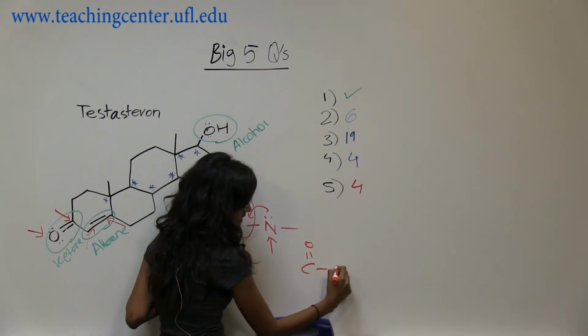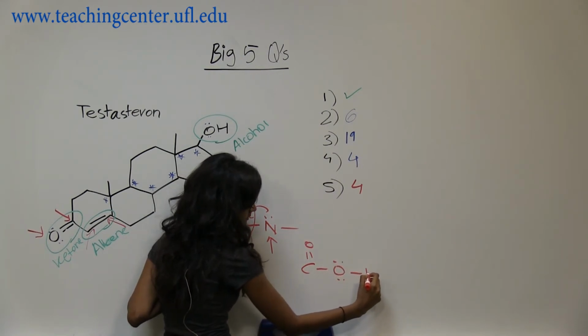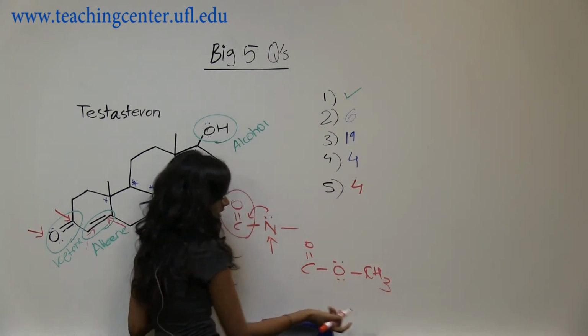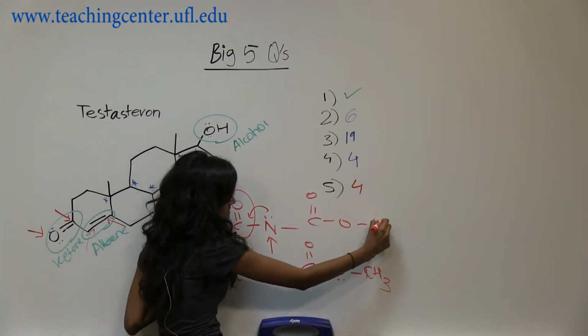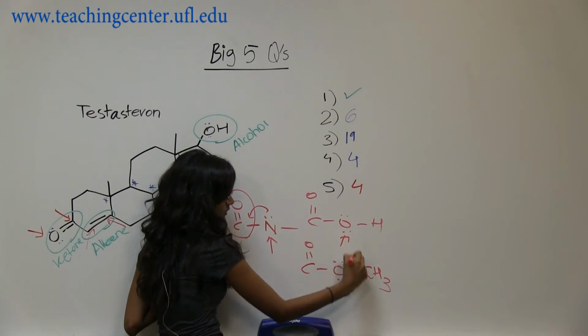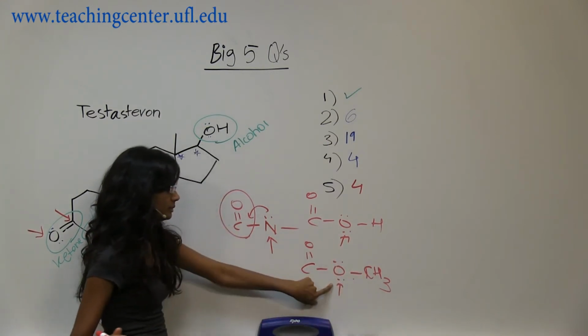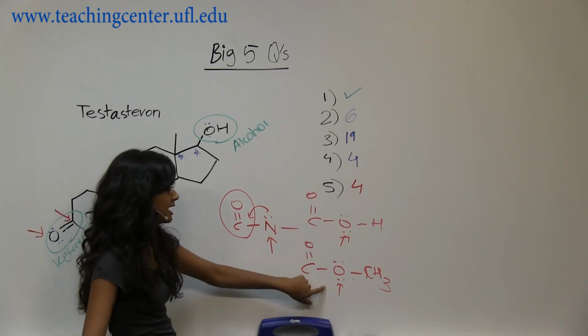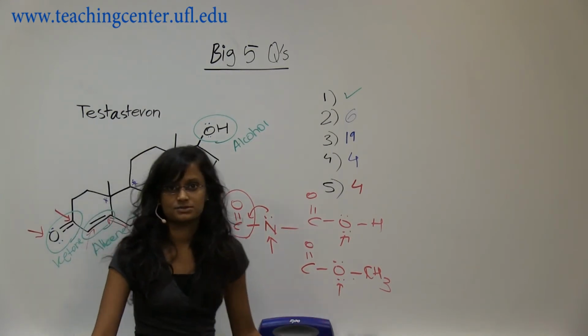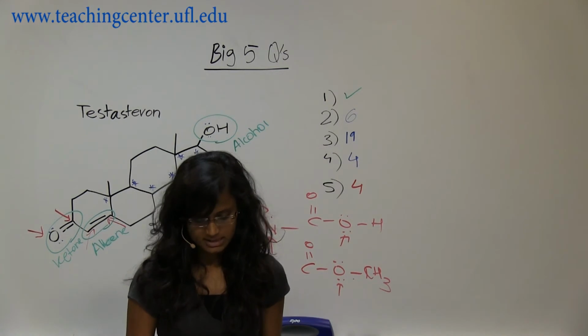Ester is going to be the case. And even carboxylic acid will do the exact same thing. So in all of them, the lone pair containing atom is next to an sp2 system, so that atom becomes sp2 as well.